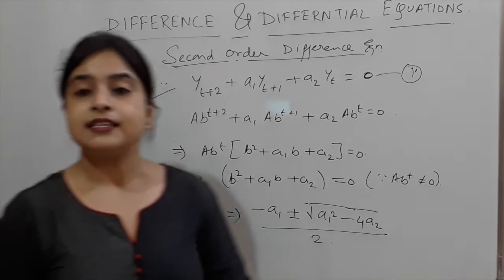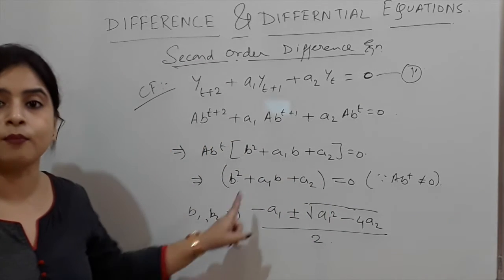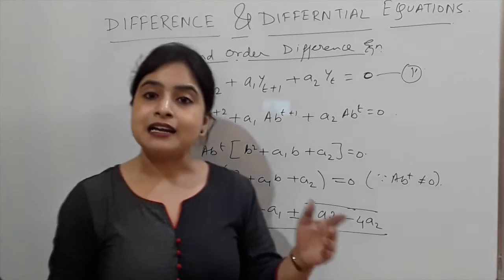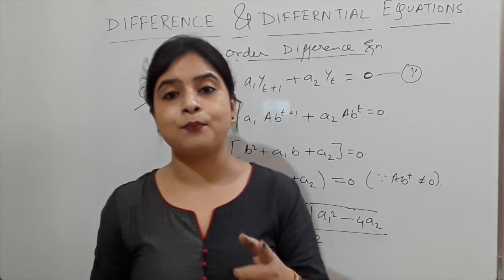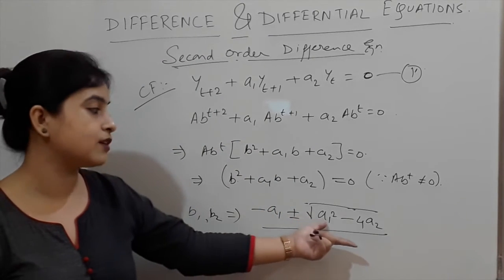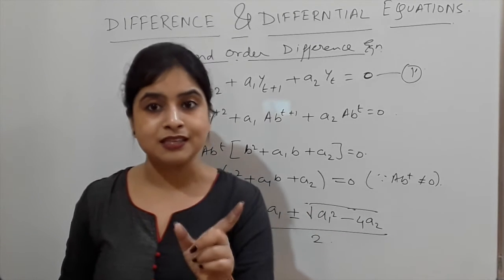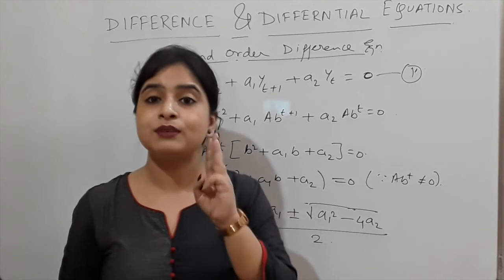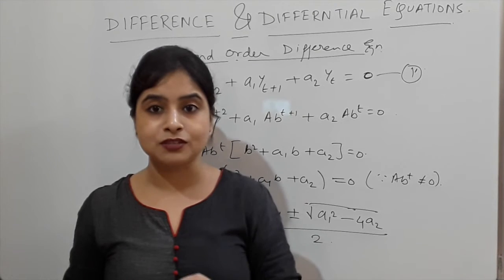Now, since we have a quadratic equation and since we have this format of b1 and b2 towards the solution, the ultimate value of the roots depends upon the value of the discriminant. What is the discriminant? That is root over a1 square minus 4a2. On the basis of this, we are finally going to obtain the complementary functions. There will be 3 different complementary functions and 3 different general solutions.